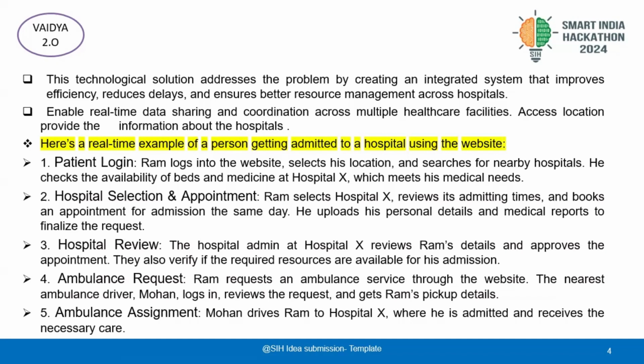For example, if a person checks all his health in one hospital and wants to go to another hospital, it is not necessary to check all the reports of his health in another hospital.